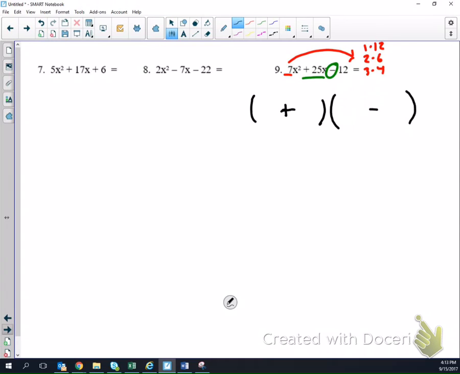No, only gives me 8. 7 times 6 is 42 minus 2 is 40, so that didn't work. 7 times 3 is 21 minus 4. No. 7 times 4 is 28 minus 3 will be 25. All right, so we know we want 7 times 4 gives us a 28. So we're going to have 7x times by the 4 over there, x, and there's our 3, and that is our final factorization.